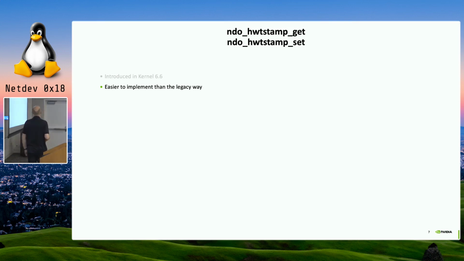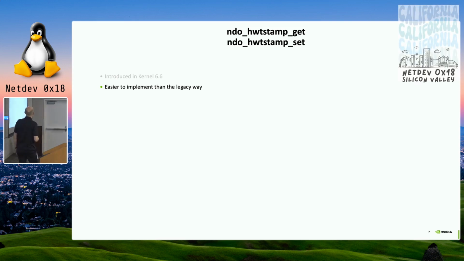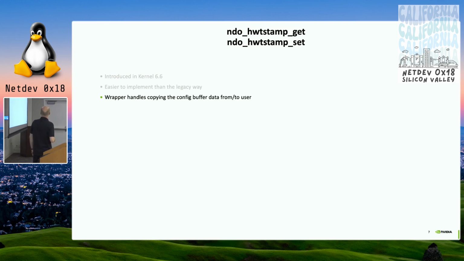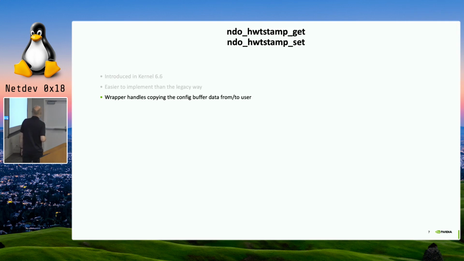Now there is an easier and better way. These two function pointers are called when the device receives the ioctl. The wrapper handles copying the buffer data, so the configuration from user space, back and forth, because the set command also returns the configuration that it set. It's allowed to set a different configuration than was requested if it's more generic and your hardware does not support the requested one.